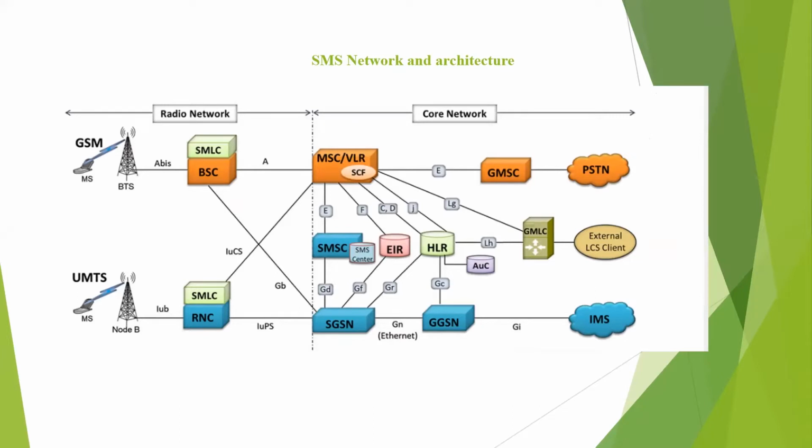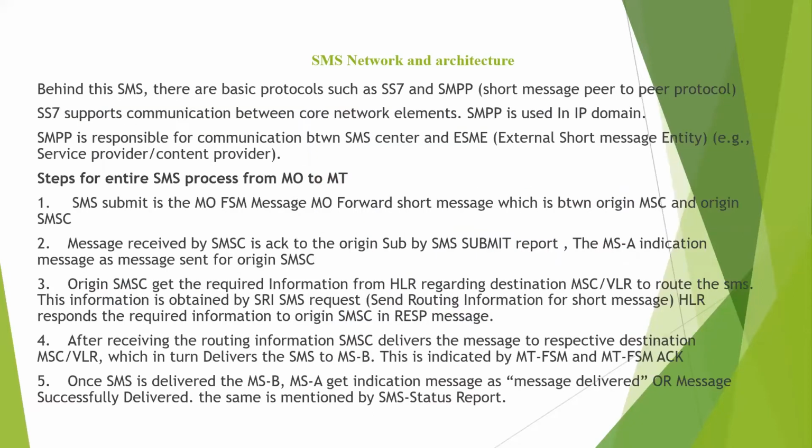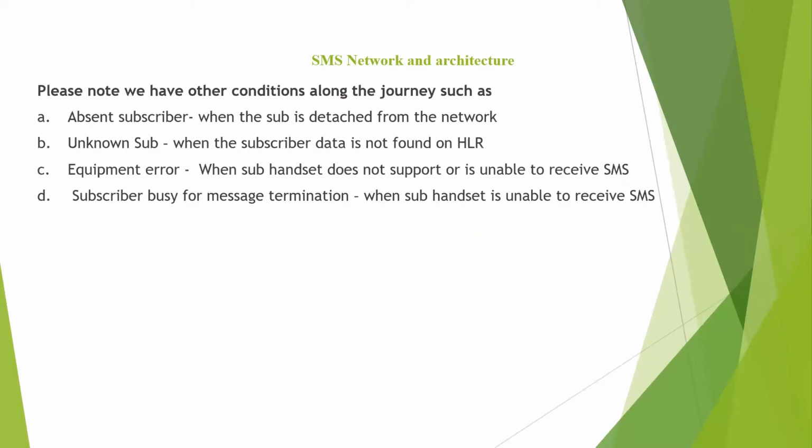Then a profile is checked on the HLR. Then the message is forwarded to the SMSC for storage. For termination, the journey back is SMSC to MSC to the serving BSC and also to the BTS, then back to the mobile subscriber. This is an explanation of the entire SMS process from MO to MT.